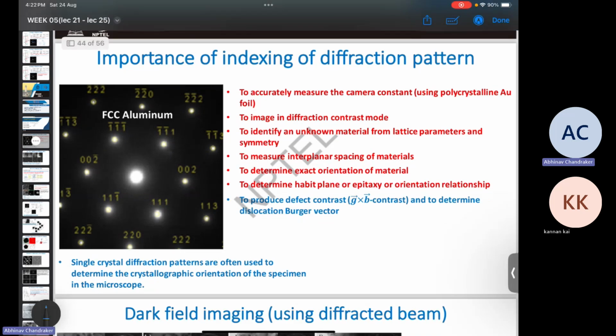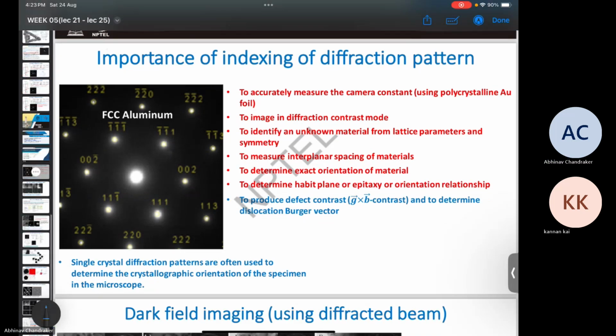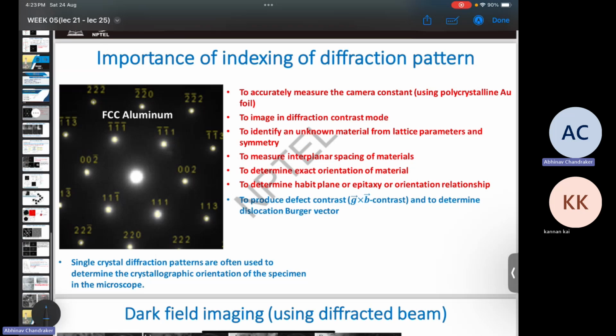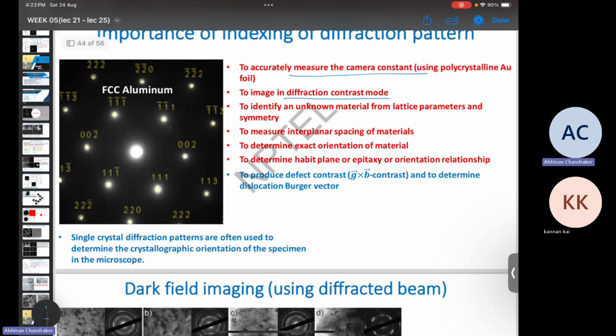Now what all information can we get by doing this indexing? We can measure the camera constant, which is usually calibrated using the gold foil and is constant. Then we can image in different diffraction contrast modes. I'll talk about it in the upcoming slides, so I'll not spend time here. I'll quickly go through.